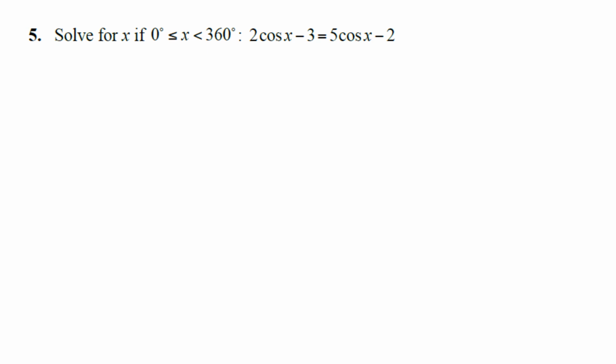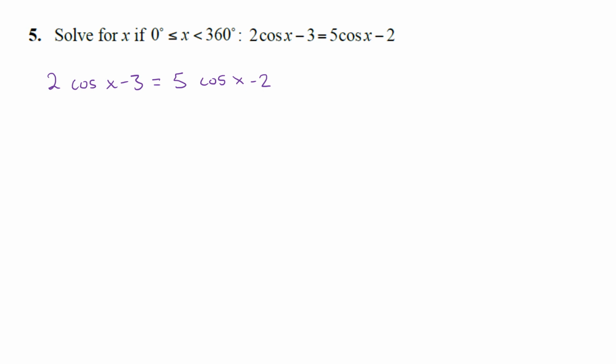All right, for this next problem, we have the equation 2 cosine x minus 3 equals 5 cosine x minus 2. Okay? And so, just like in all of the other problems, we want to isolate the cosine function.